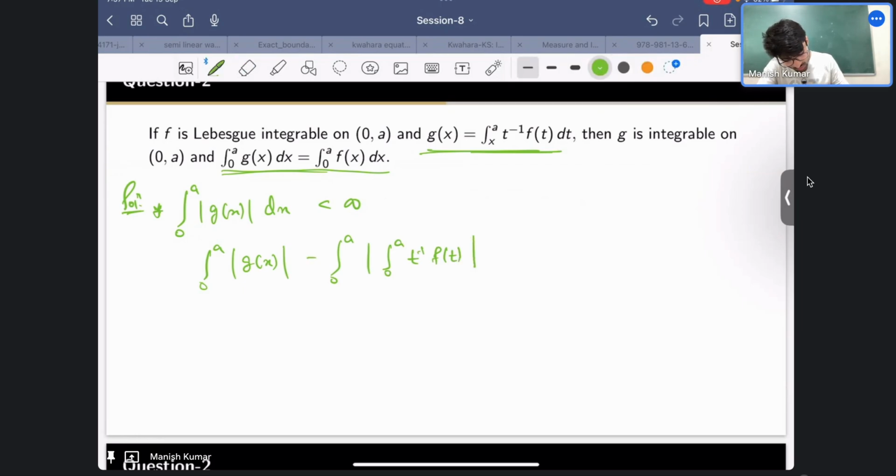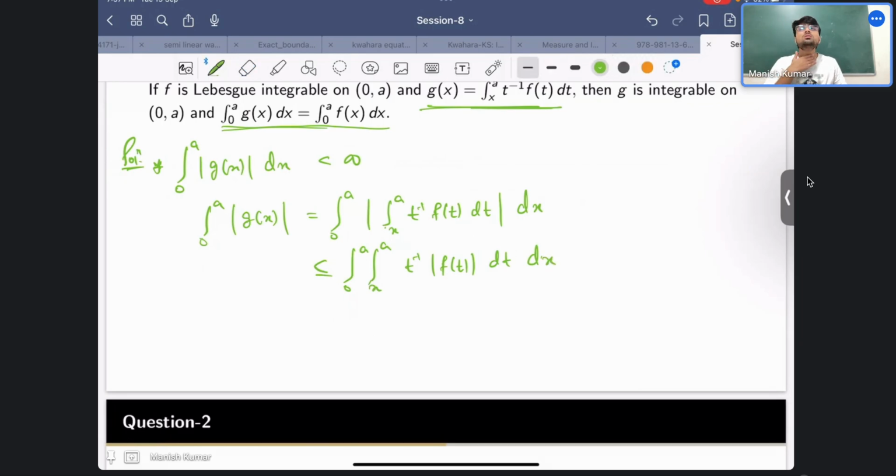Now I can use this inequality to get the integral from 0 to a of the integral from x to a of t inverse mod f(t) dt dx.